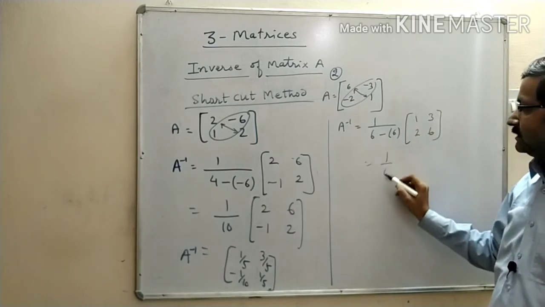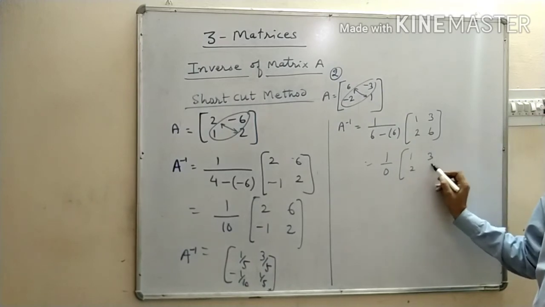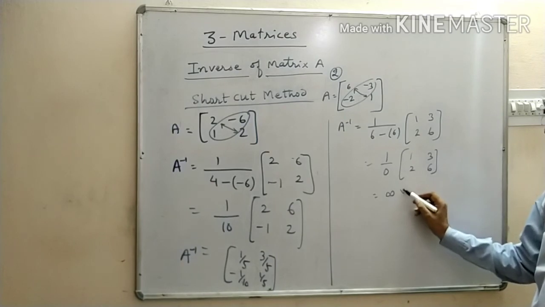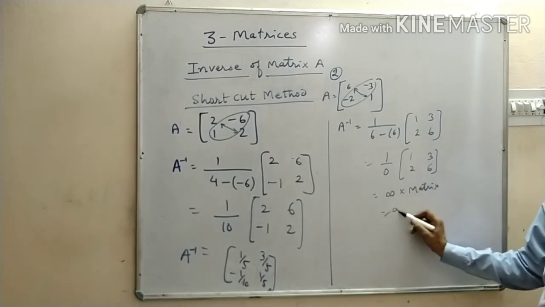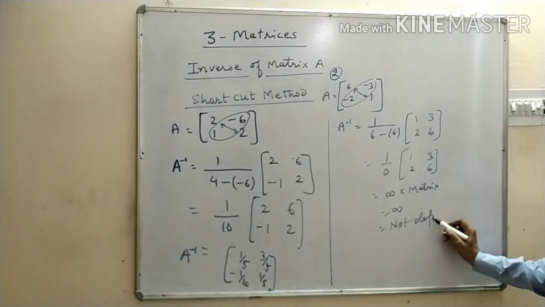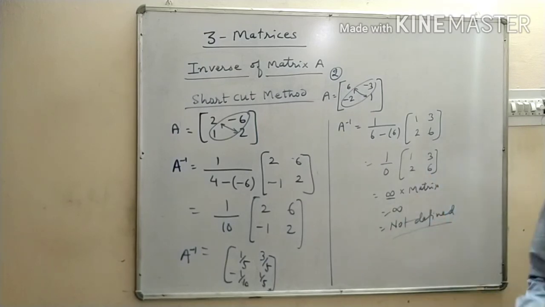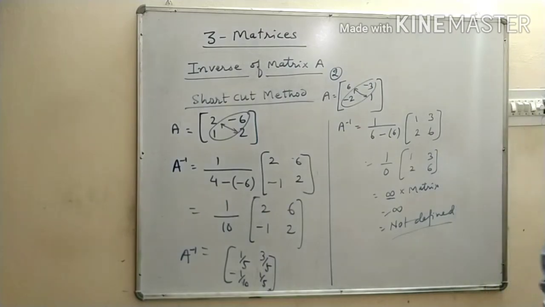But here you get 0, and if you divide every number by 0 you get infinity. Infinity into any matrix is infinity. Infinity means not defined. So if the cross product is zero, you will say that we cannot find the inverse, the inverse is not defined.